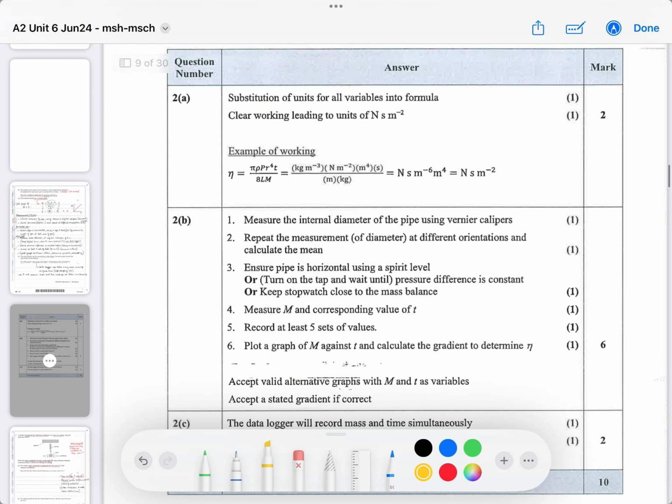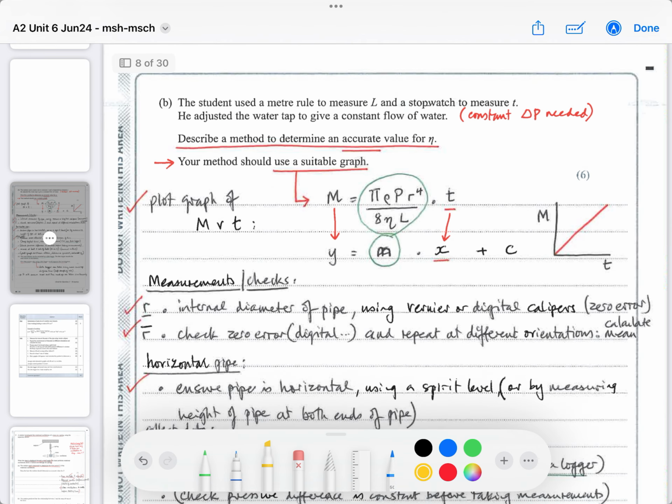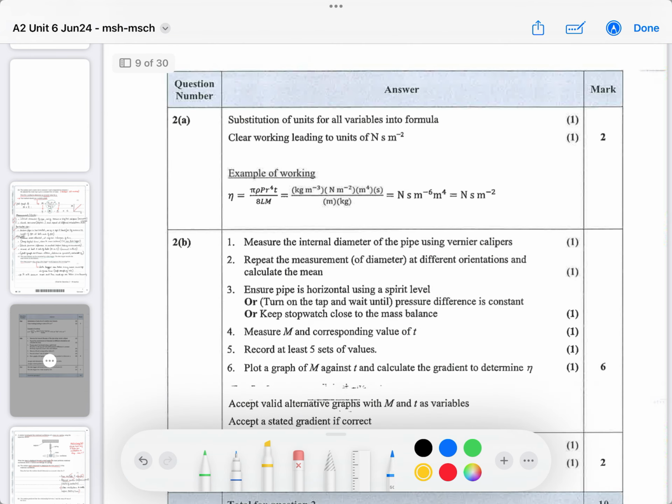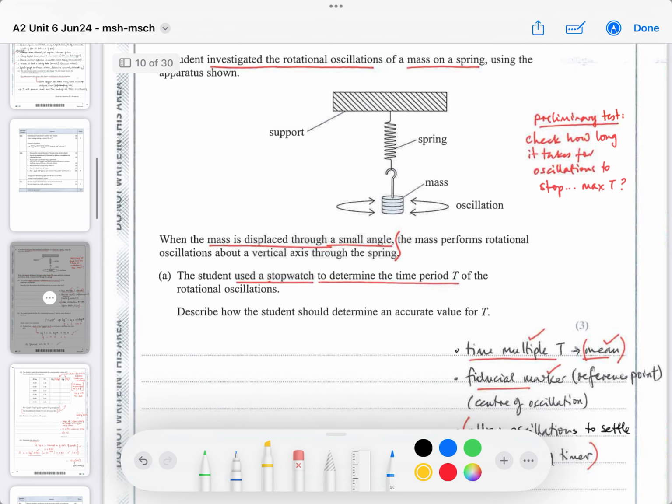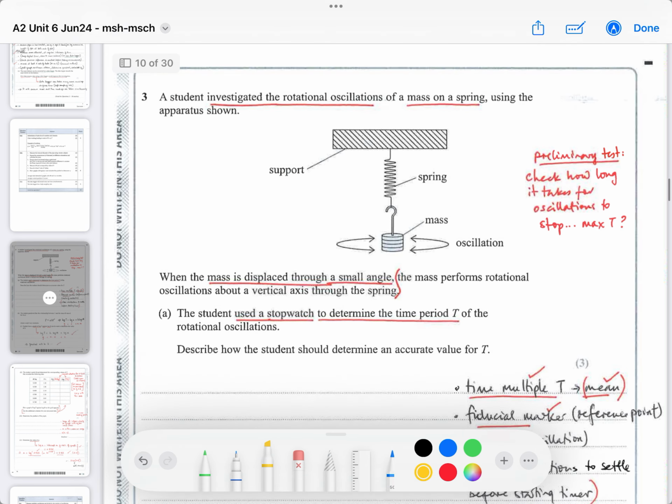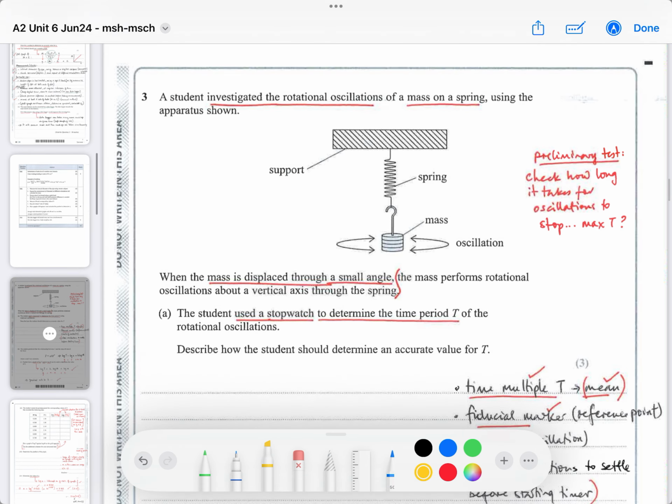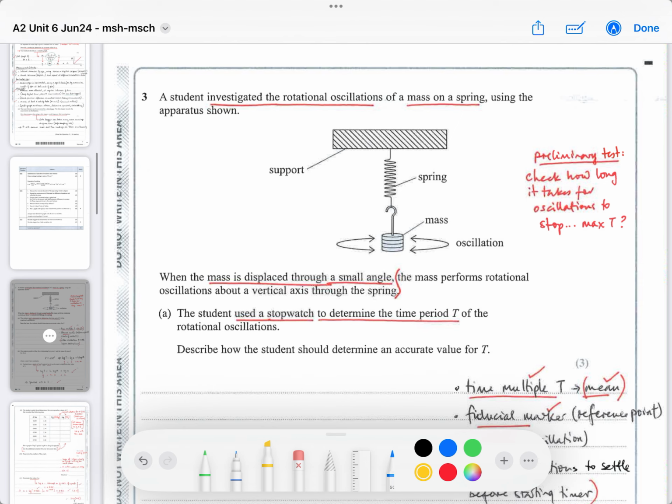Yes, so part 2A is missing, and it goes straight into part 2B. So let's go into question 3, and then I'll have to go and find the master and rescan question 2.